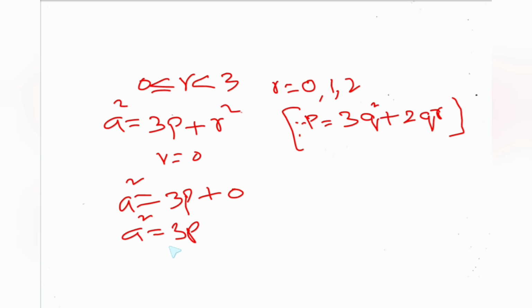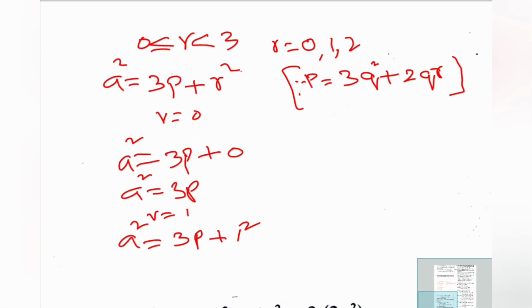And if you substitute the value r equal to 1, then a square is equal to 3p plus 1 square, that a square is equal to 3p plus 1.